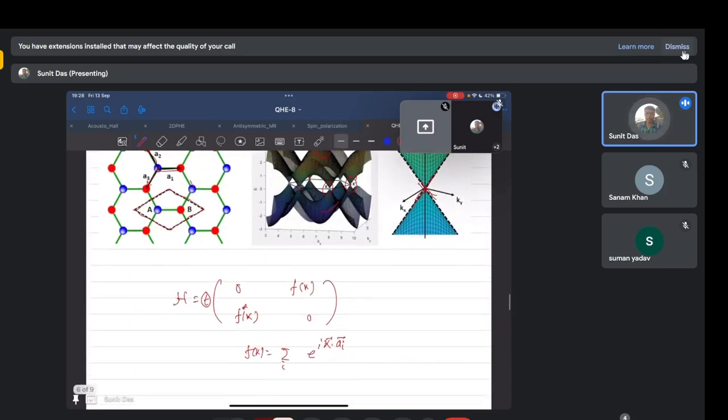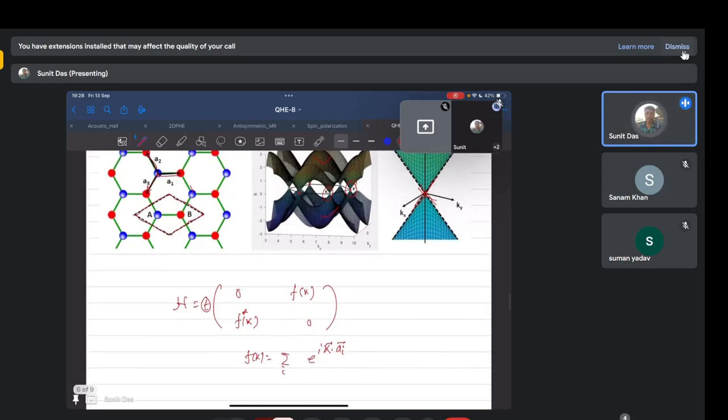And t is the nearest neighbor hopping parameter, so the hoppings are determined by t, and we have no gap in the system, as well as massless Dirac fermions. H is represented by something like h bar v_F k, where v_F is proportional to the hopping parameter t, and so on and so forth.